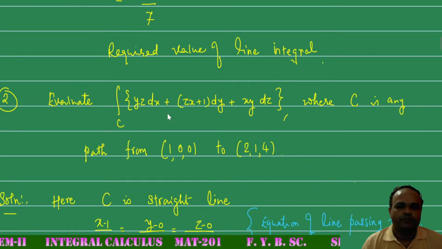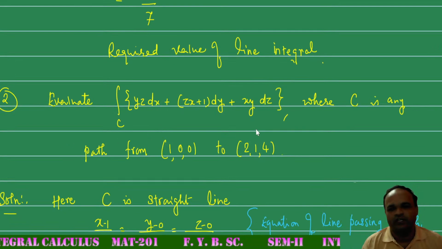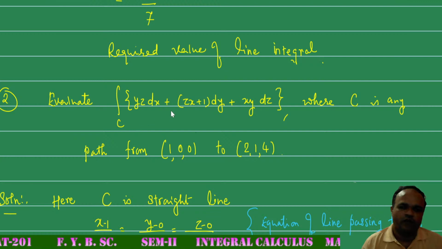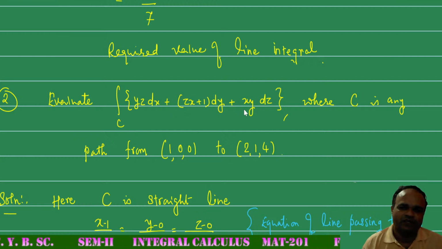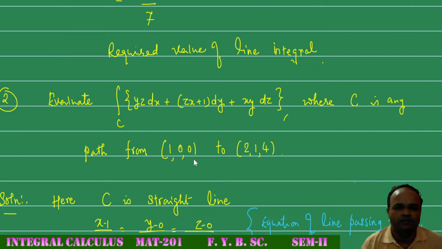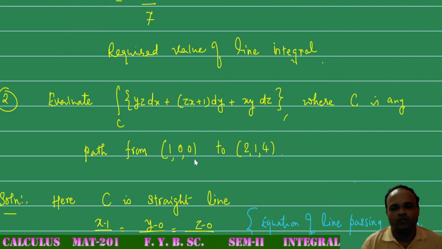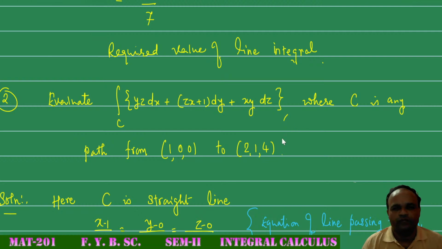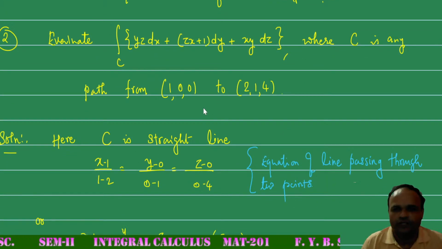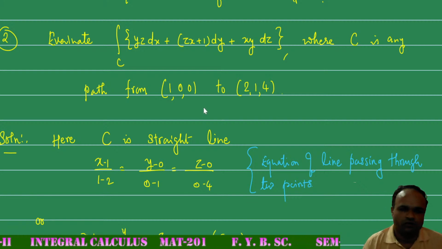So second example. This is the second illustrative example for line integral. Let us evaluate the integral yz dx plus (zx plus 1) dy plus xy dz along the curve C, where C is any path from the point (1,0,0) to (2,1,4). So here you are given it in a three coordinate system.